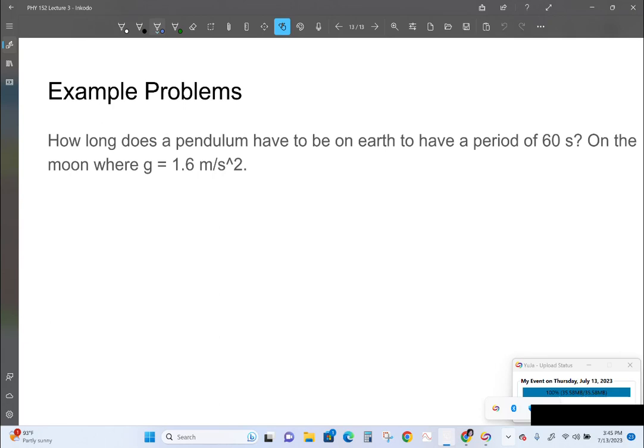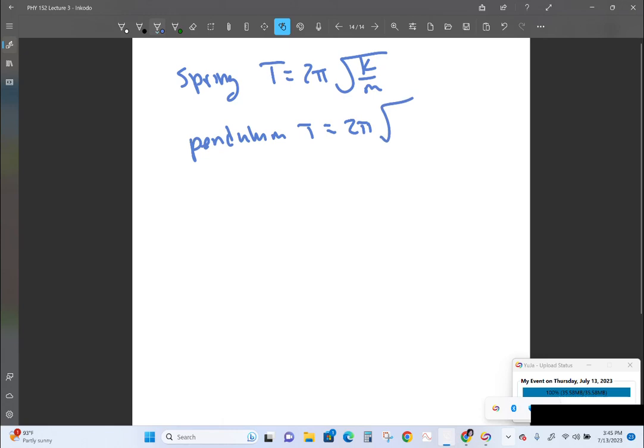All right, well, one thing I do want to mention is that when you look at the period of a spring, it turns out that the period is equal to 2 pi square root of m over k. And for a pendulum, what this tells me is that the period and the frequency of a pendulum has nothing to do with its mass.